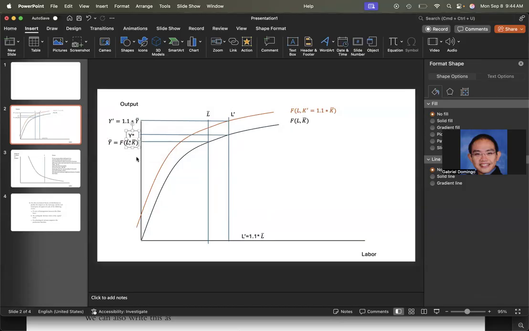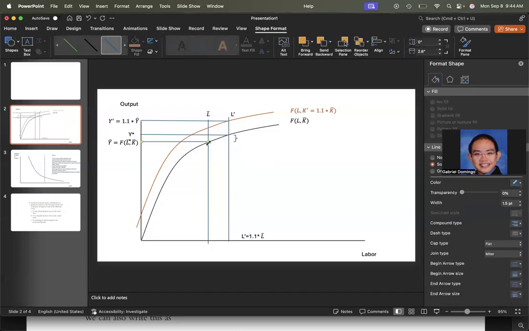So this is what marginal product of labor is: the increase in Y stemming from an increase in one of the factors, but not the other one. So in this case, I'm going to draw or insert this shape here, and this one, I'm going to extend it briefly here.